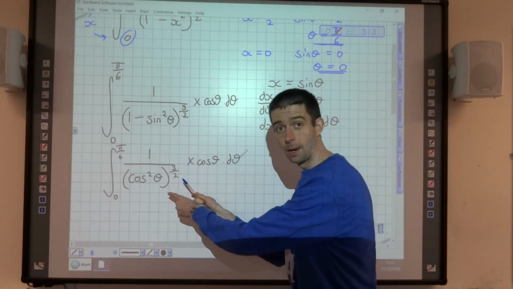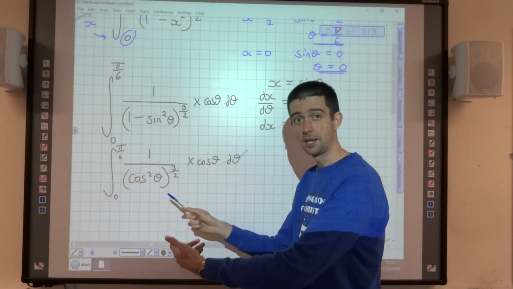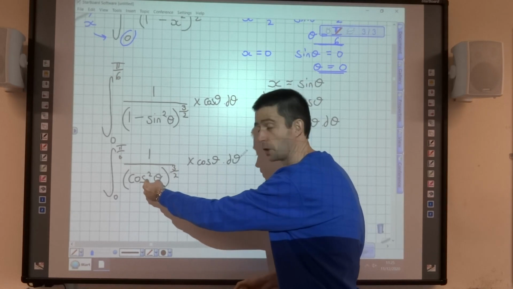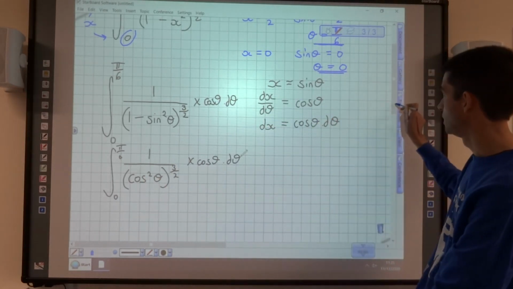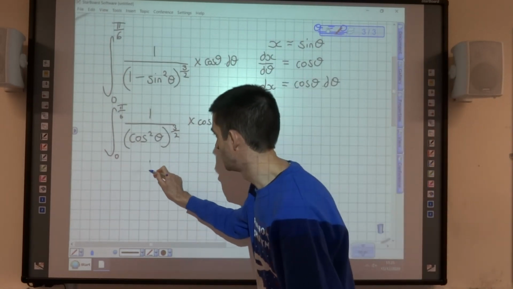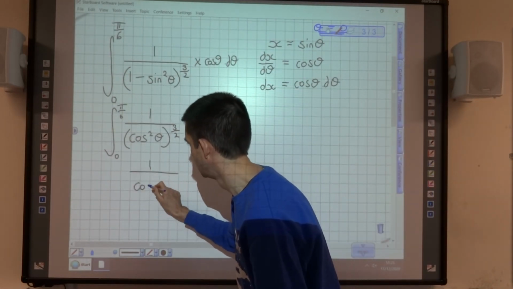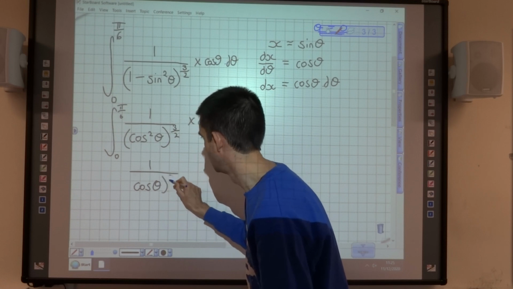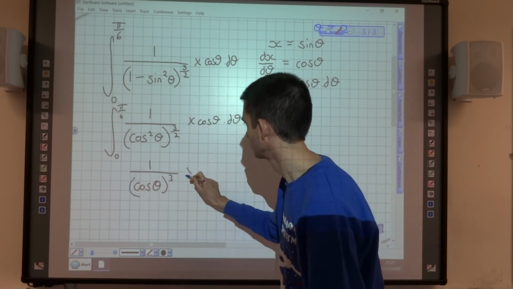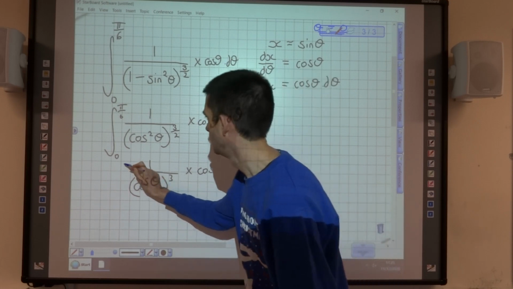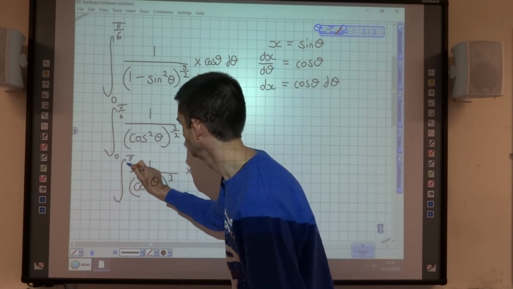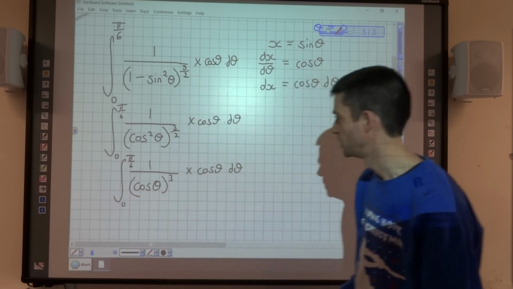Power 3 over 2: square root, and then cube. So the square root of cos squared is going to be cos, cubed is going to be cos cubed. So I'm going to now write that as 1 over cos theta cubed multiplied by cos theta d theta, still between pi over 6 and 0.